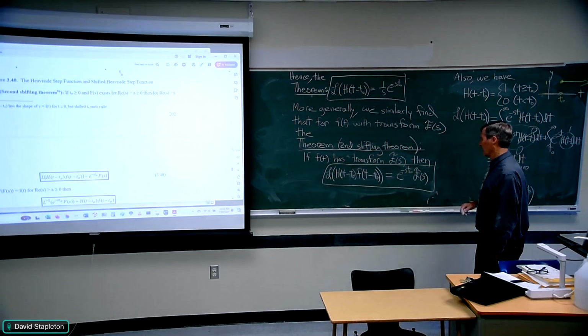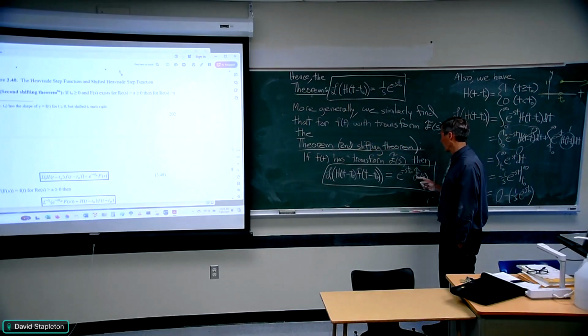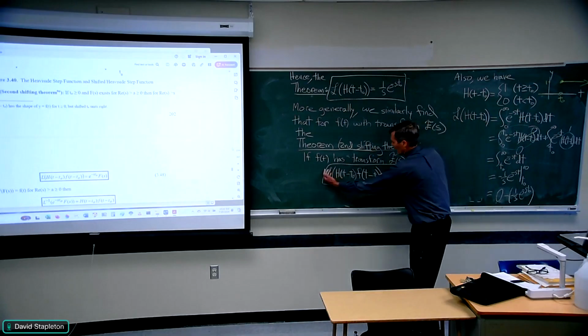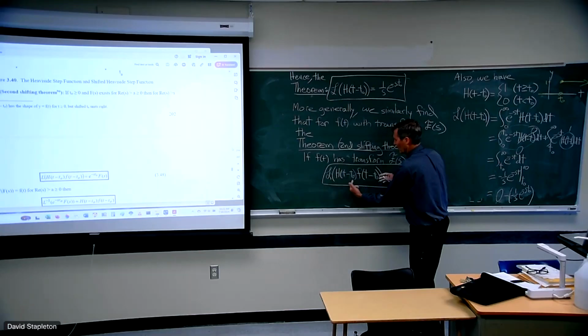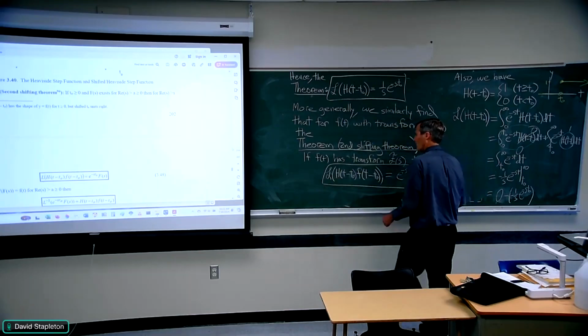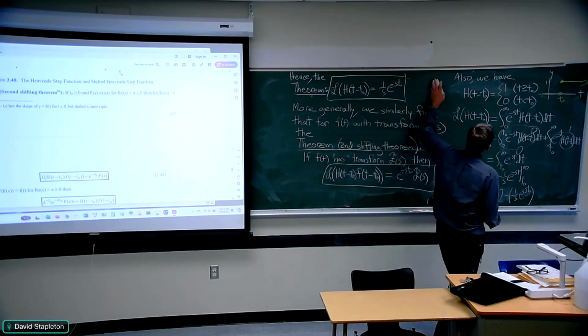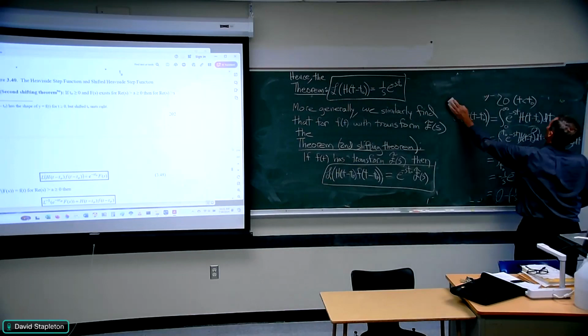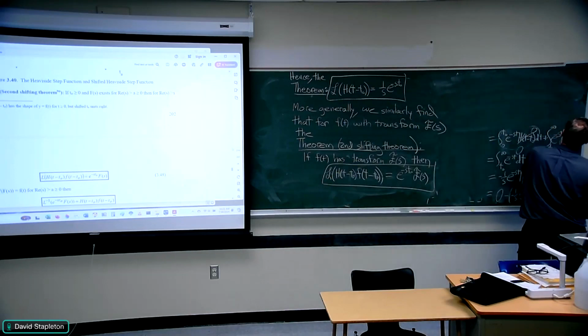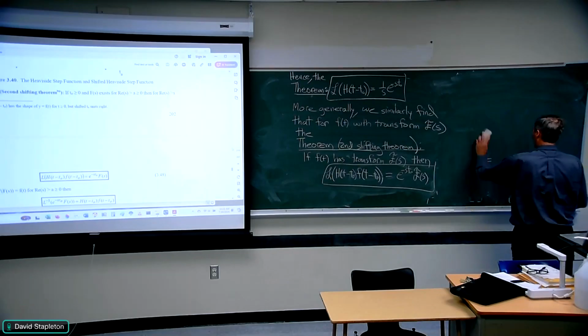This one's called the second shifting theorem, and it says the inverse transform of this is the shifted function f multiplied by 0 for t less than t naught. So I put a real basic example in the notes that I really like. I think it really exemplifies it as well. See what you think.